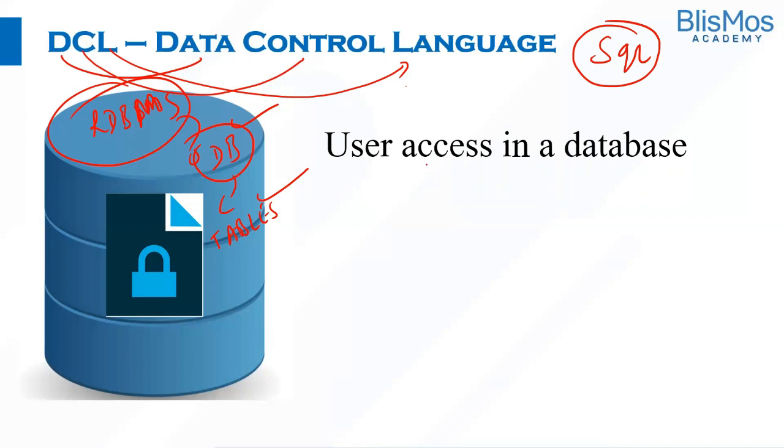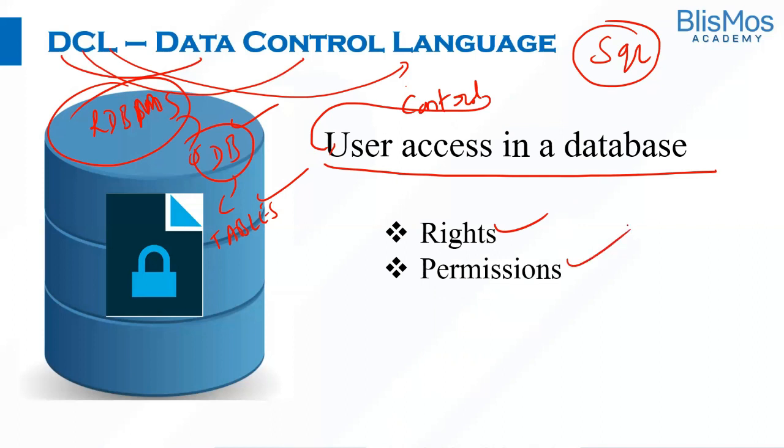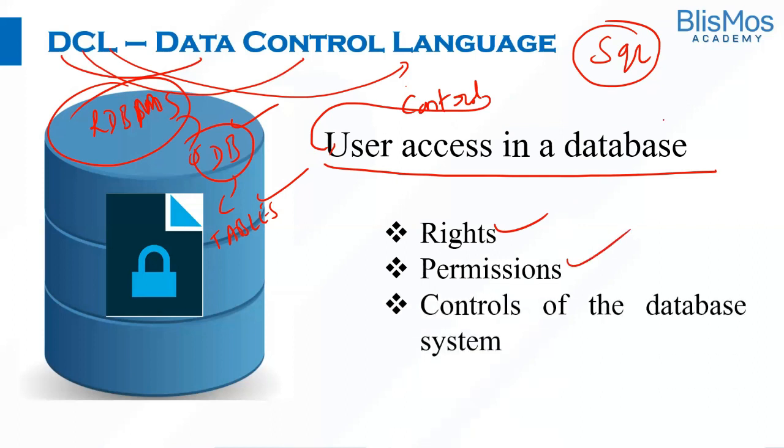So DCL is used to control user access in a database. It is concerned with the rights of a particular user. It is concerned with the permissions. It is concerned with the controls of the database system.